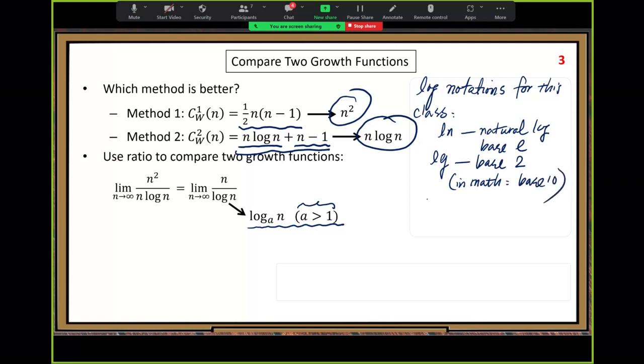So if you see log without any specified base, it is a general base a, with a greater than 1. That's our assumption in this class.